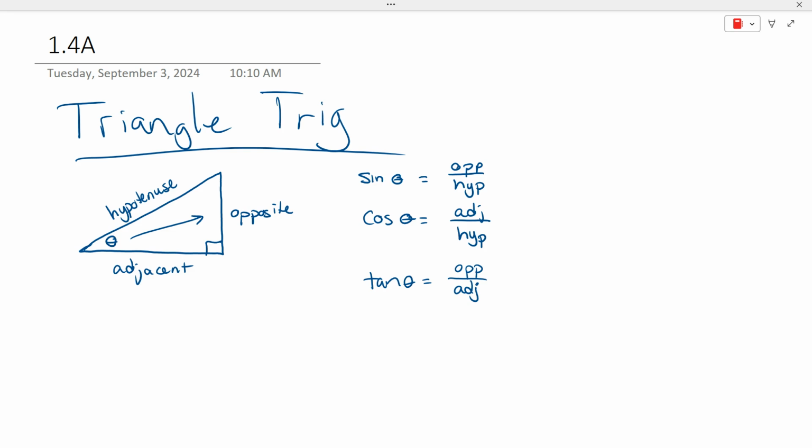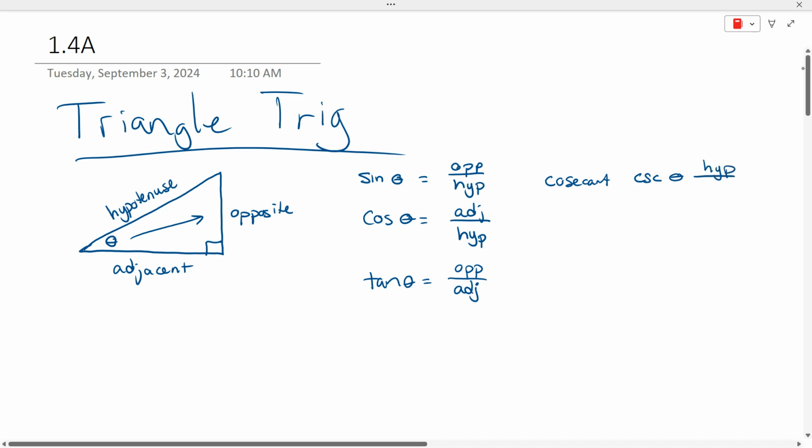Now we have their cofunctions. The cofunction of sine is cosecant, which is abbreviated CSC. So the cosecant of our angle is the hypotenuse over the opposite. It's just the reciprocal. The cofunction is the reciprocal to that function. The cofunction to cosine is secant, which is SEC, which is the hypotenuse over the adjacent.